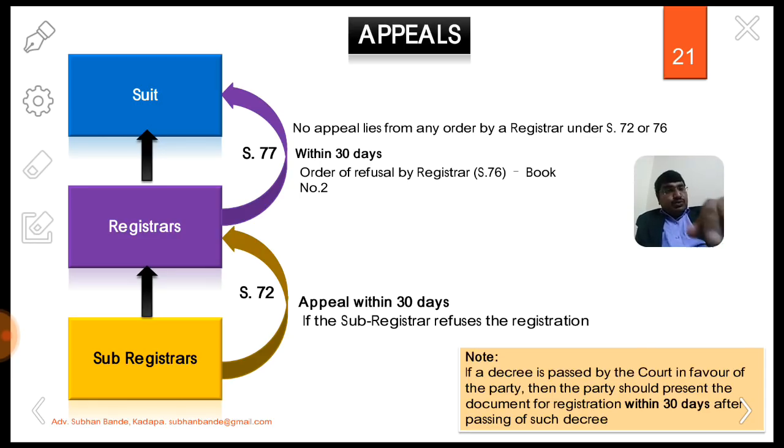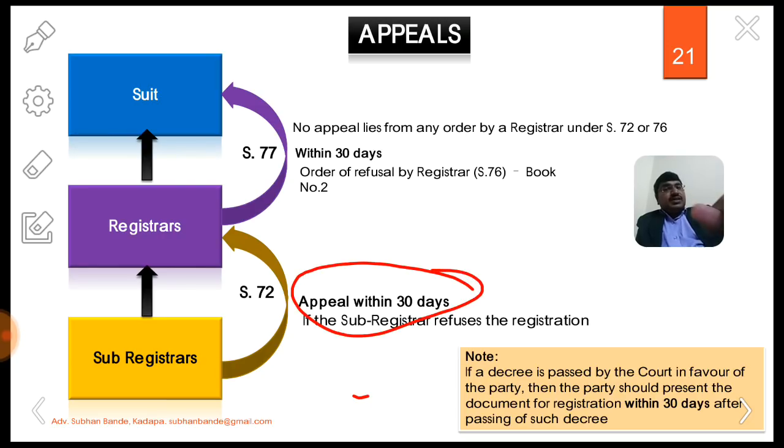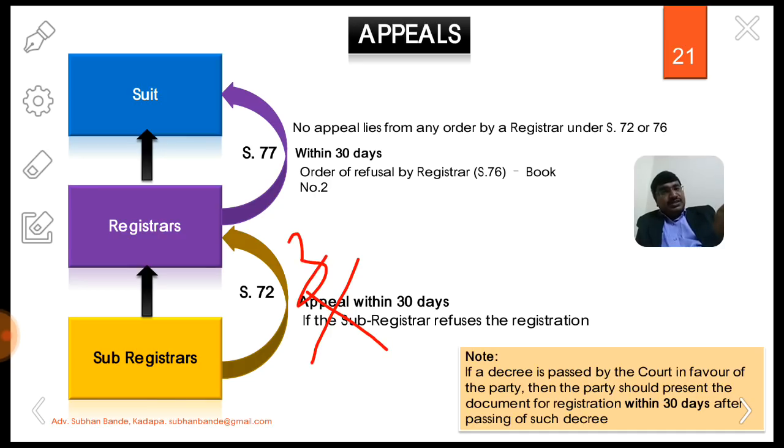According to section 72, if the sub-registrar refuses to register the document, then the executants shall go for an appeal within 30 days to the registrar, as under section 72. If the sub-registrar refuses to register, then within 30 days they can go for an appeal to the registrar.